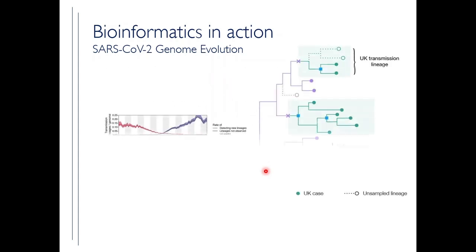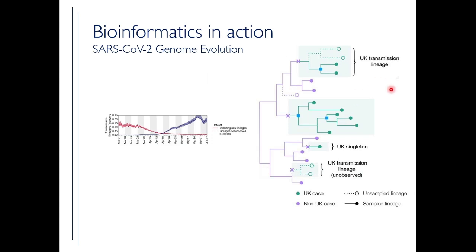So if we look at the data, again, this is a bioinformatical procedure that allowed them to do this, and you'll see why later on. Essentially, the purple X's here mark the differentiation from a non-UK purple case into a UK isolate.